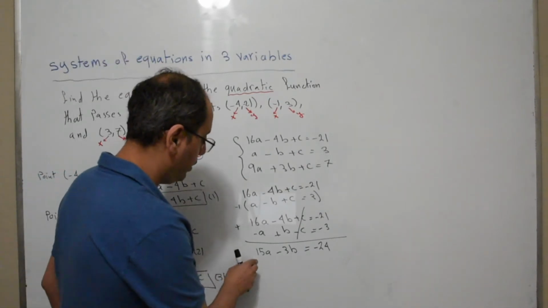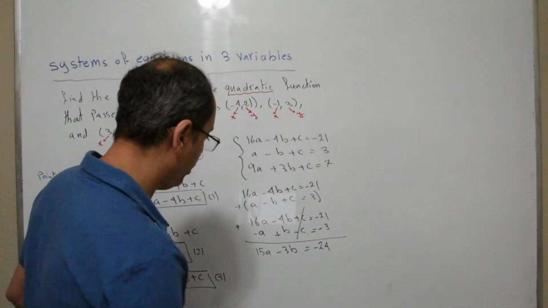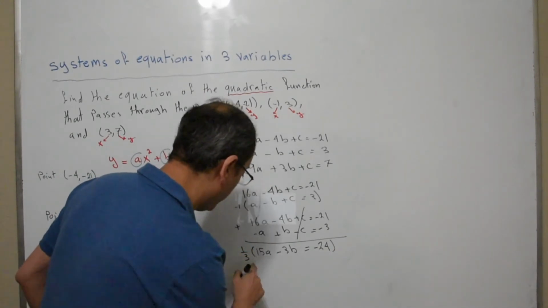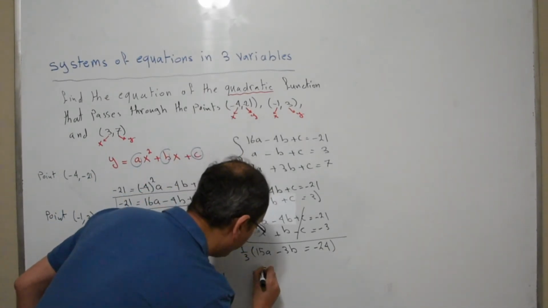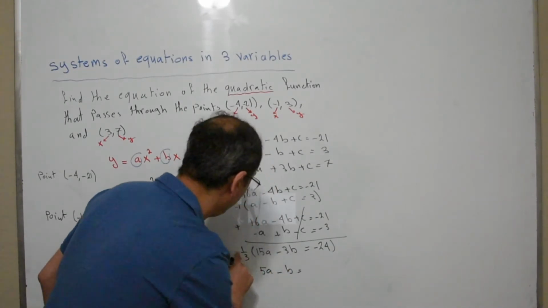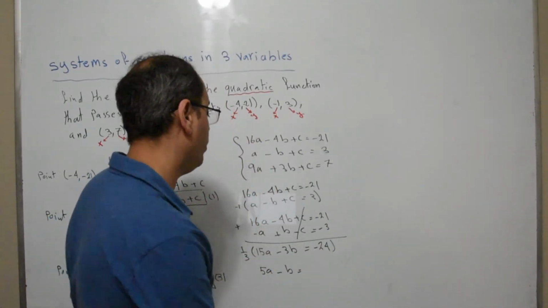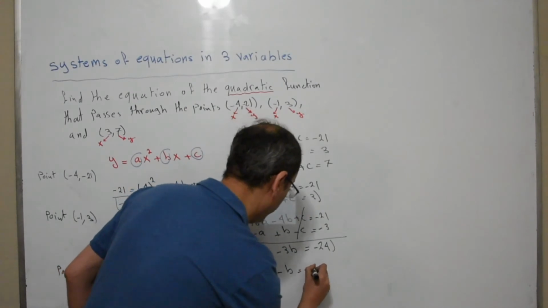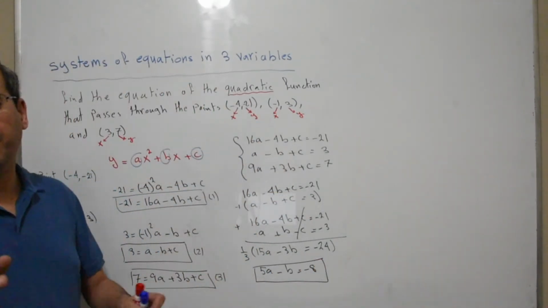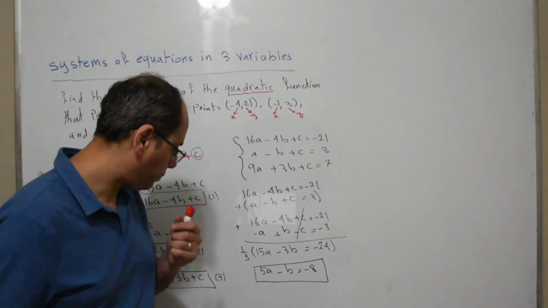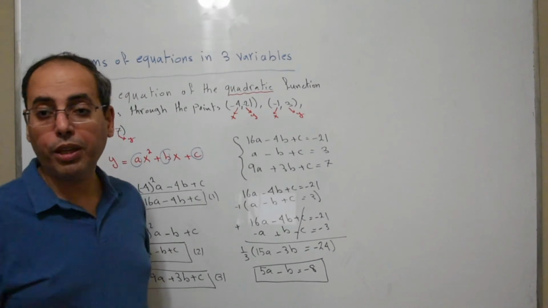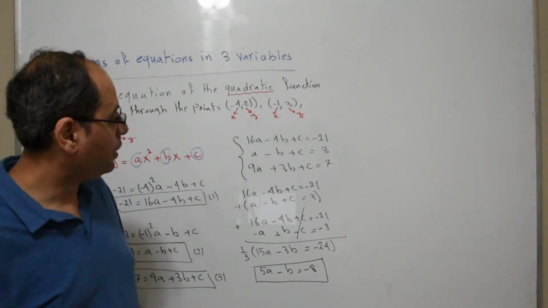Yes, I can divide or multiply by 1/3. I got here 5a minus b equals 1/3 times -24, which is -8. So it's the same, you divide by 3. Okay, so I got the first equation, 5a minus b is -8.